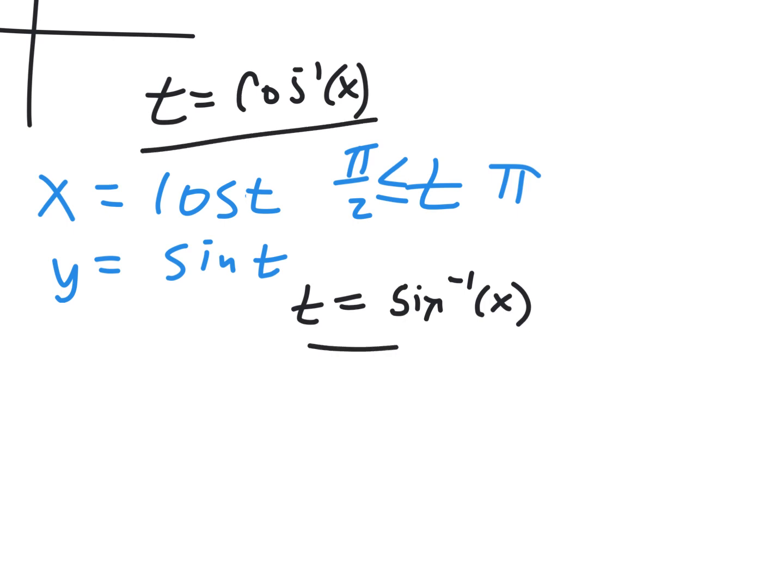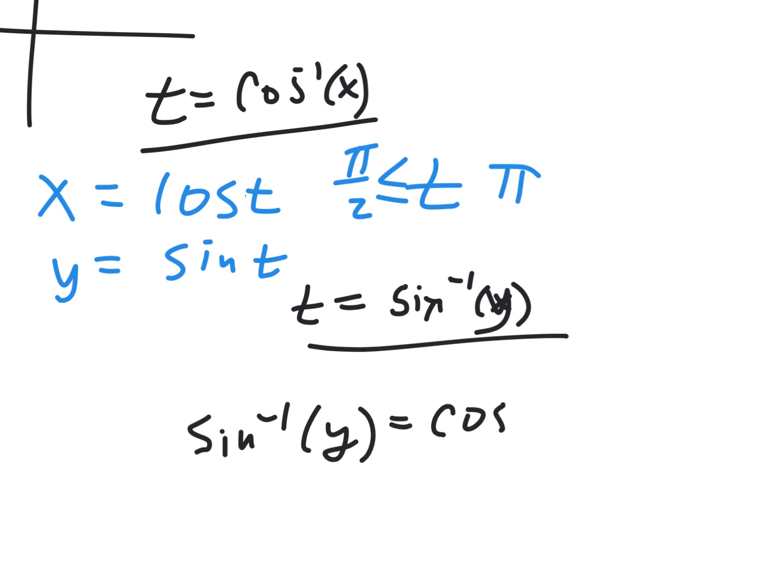Since t is this and t is that, we can say inverse sine of y is equal to inverse cosine of x. And then to get rid of the inverse sine of the y, we can just do the sine of both sides.